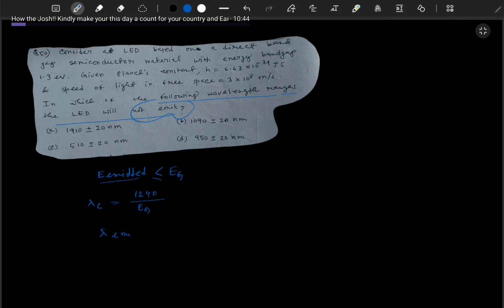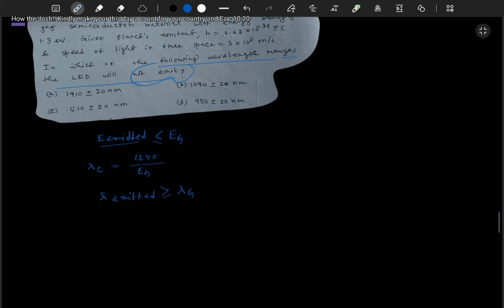The wavelength of emitted light is greater than the cutoff wavelength. It's not current, that is cutoff wavelength. When it is greater than the cutoff wavelength, then only light will come out from that LED.